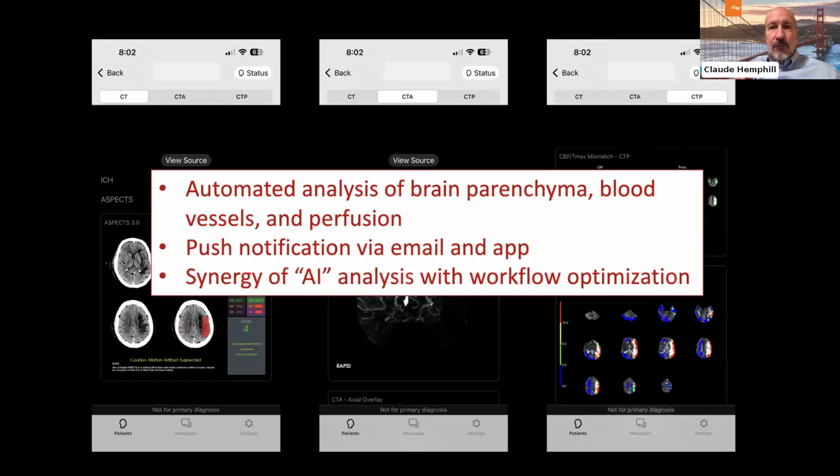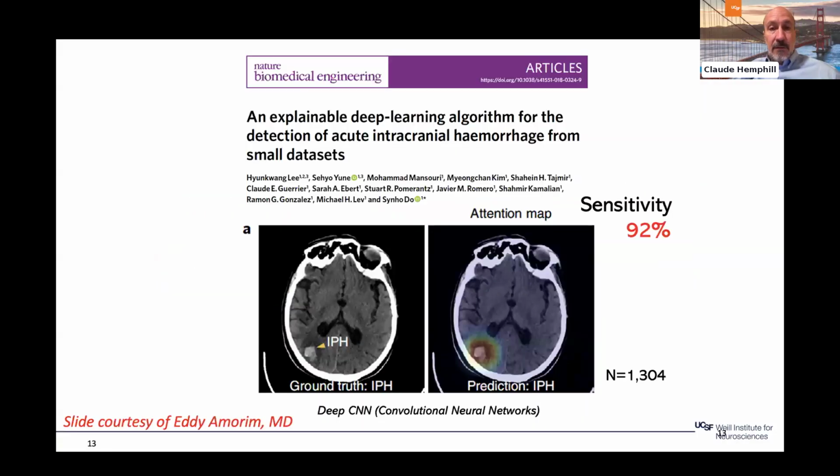So this really interesting synergy between, quote, AI analysis of data from imaging and workflow optimization, which is also very, very helpful and potentially powerful. But there's been more work, and I think we know that the idea of imaging for detection of lesions and measurement of lesions and more advanced assessment is really an area of great interest for AI.